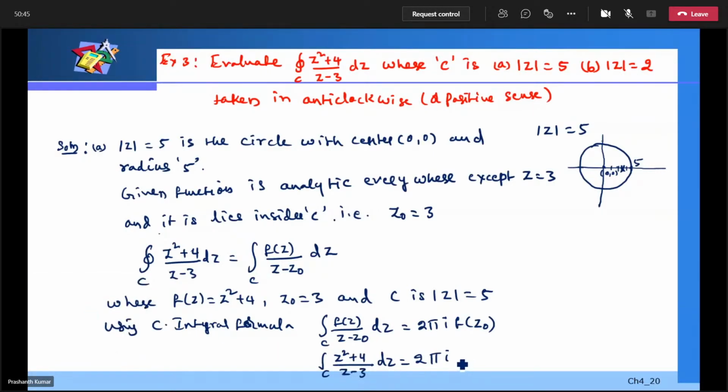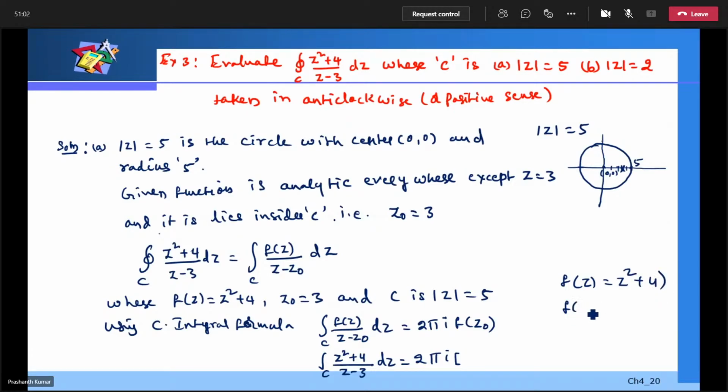Two pi i f of 3. Here f of z is given as z square plus 4.